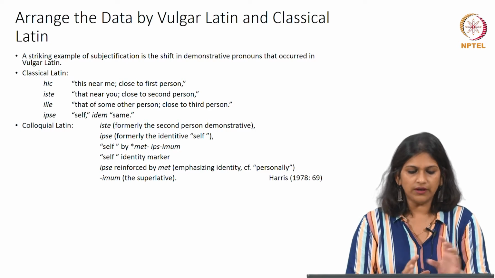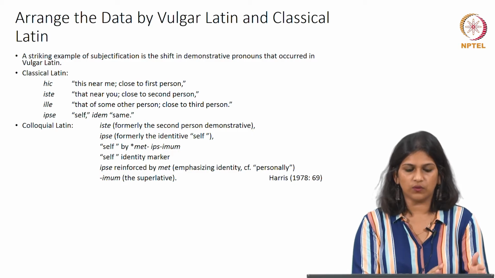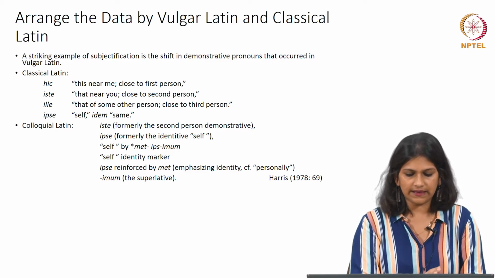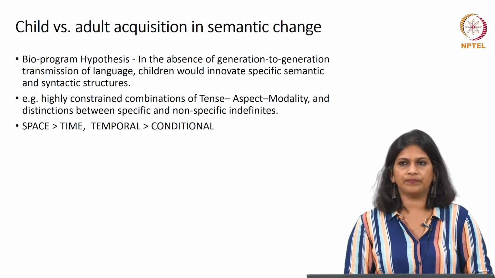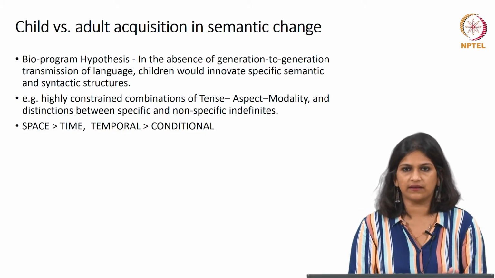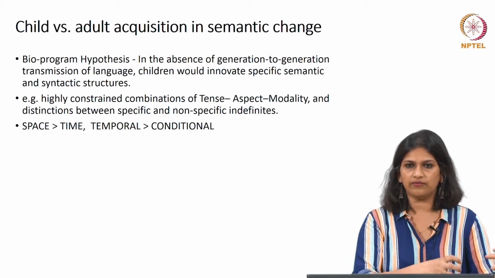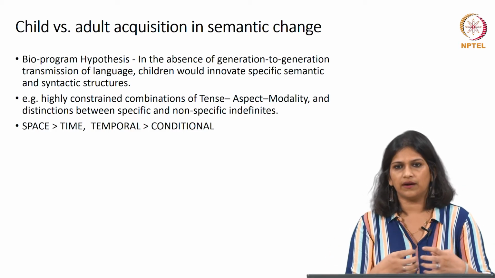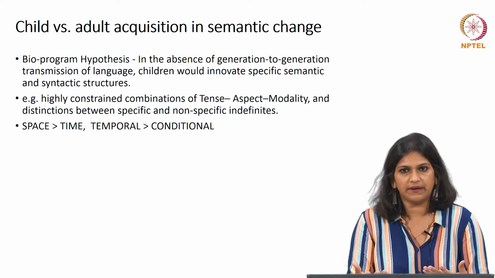Check what the words like hic, iste, ille and ipse meant in classical Latin and how they have changed over time. This kind of change we discussed was at the diachrony level. So, we saw how languages changed from one form to the other, and how the changes have been recorded.